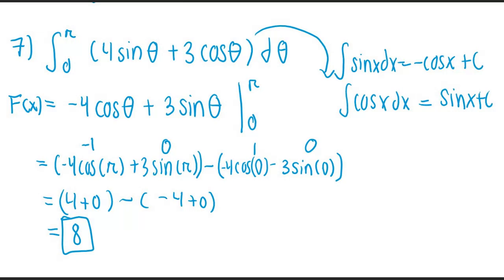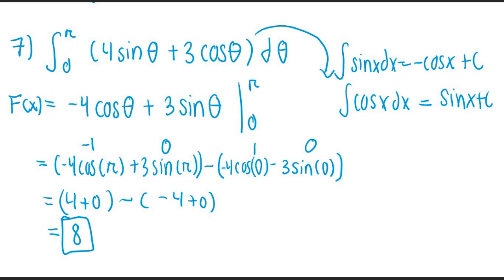So I'm doing number 7. I have the integral from 0 to pi of 4 sine theta plus 3 cosine theta d theta. When we take the antiderivative of sine, we get negative cosine, so that will equal negative 4 cosine theta. The antiderivative of cosine is sine, so we get plus 3 sine theta.